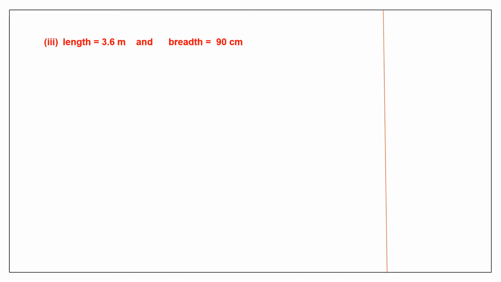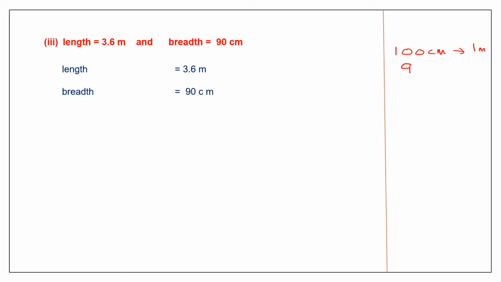Question 3. Length is given, breadth is given. So let's start. Length is 3.6 meters, breadth is 90 centimeters. So as you can see, the units are different. So the first thing we need to do is convert the units so that both are in the same unit. Since length is in meters, let's convert breadth also to meters. So we have 90 centimeters. So we know that 100 centimeters make 1 meter.